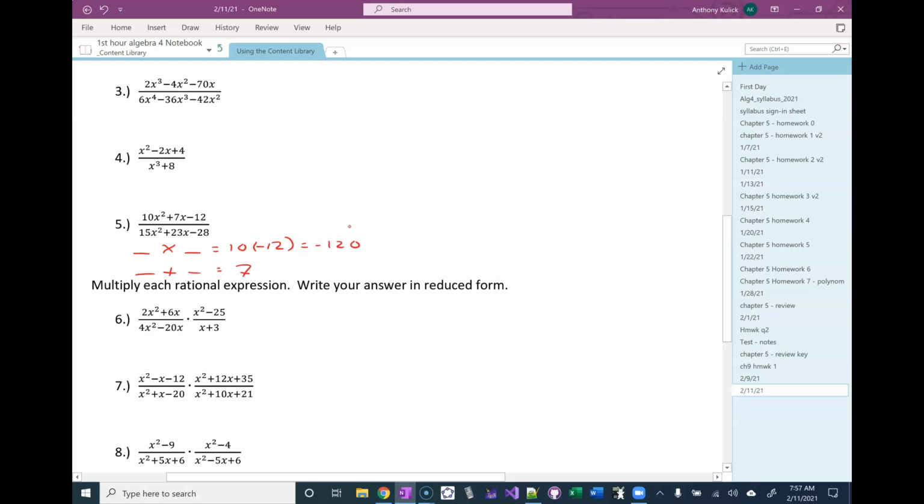Let's think about that. Well, negative 20 and 6, or 20 and negative 6 work, but they give us 14 instead of 7. So I know it's going to have to be closer together. Let's try maybe 15 and negative 8, and that is the pair that I need.